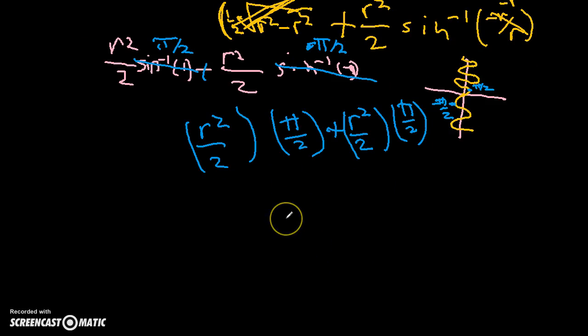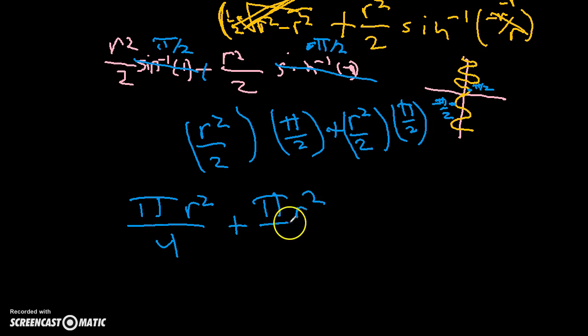Okay, so now we can just multiply, so it's pi r squared over 4, and you can probably see where this is going, plus pi r squared over 4, which is just equal to pi r squared over 2.